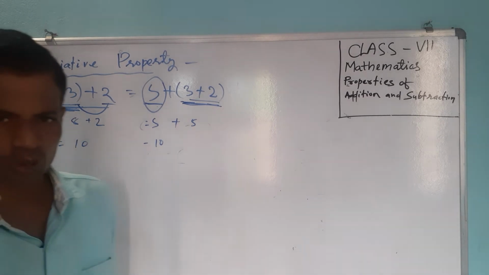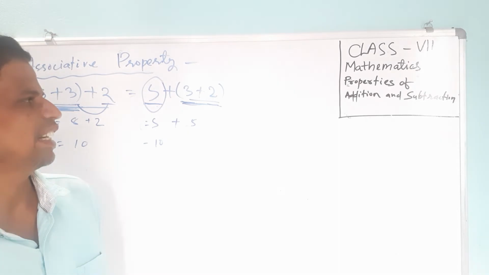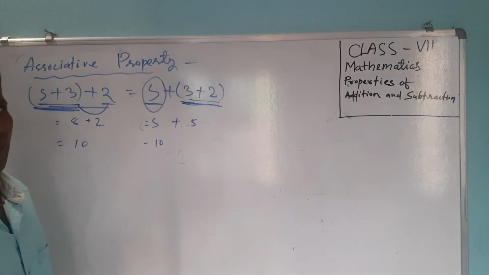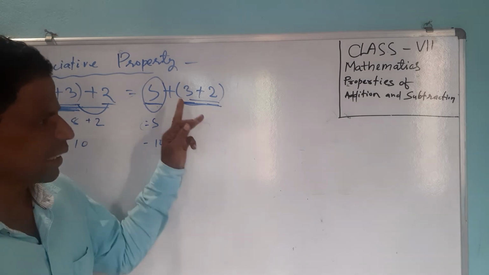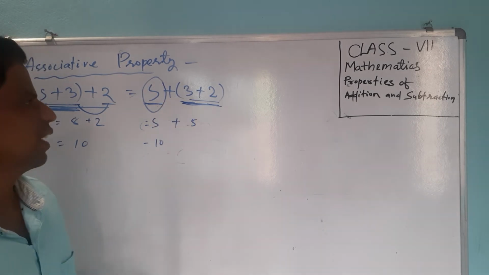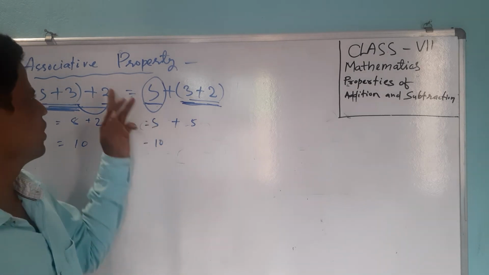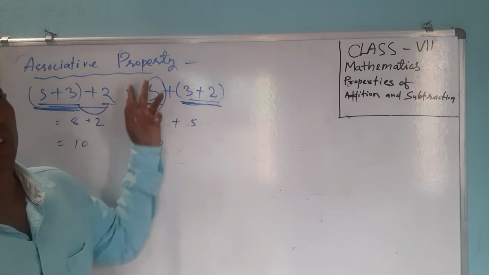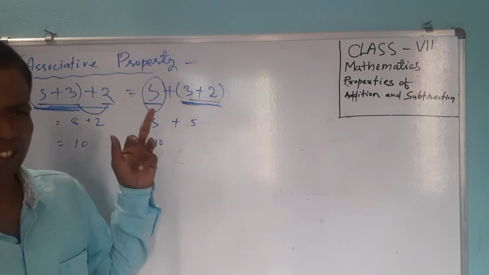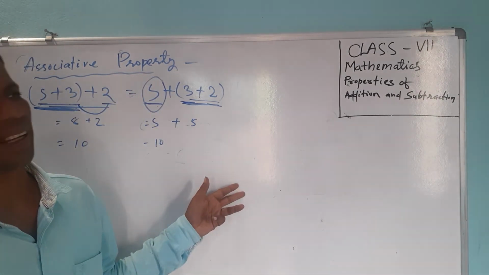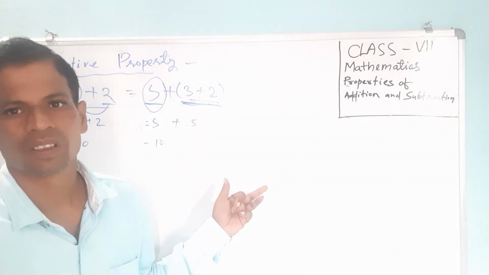That's why the associative property is also followed by integers like whole numbers. And like the commutative property, in case of subtraction it is not followed by the integers. Means the associative property is also not followed by the integers in subtraction.